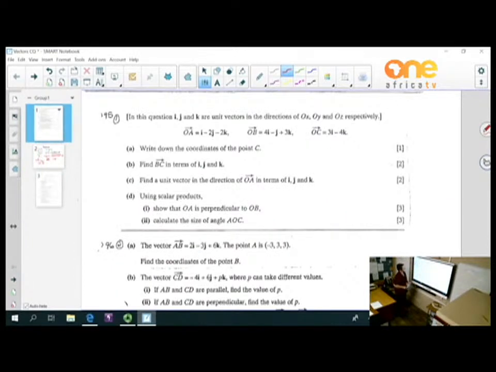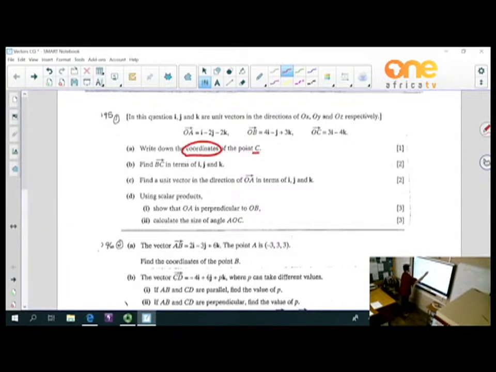There's the first one. In this question, i, j, and k are unit vectors in the direction OX, OY, OZ, which means they start at O. Now we ask, write down the coordinates of the point C. The coordinates of C will be, i is x, so it will be 3.